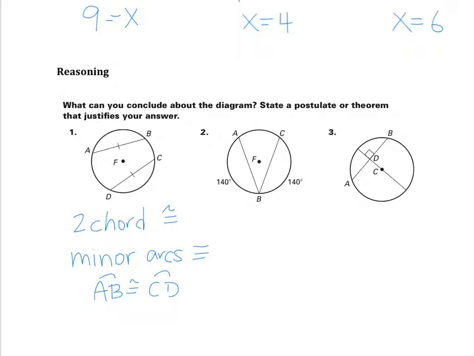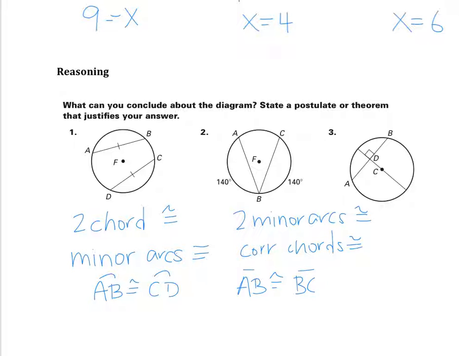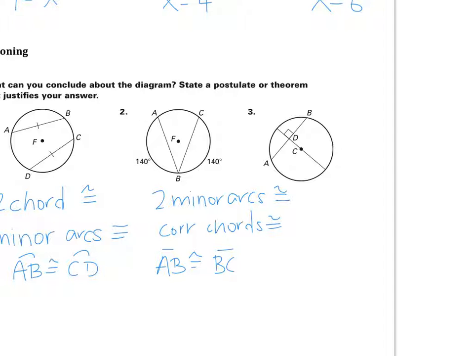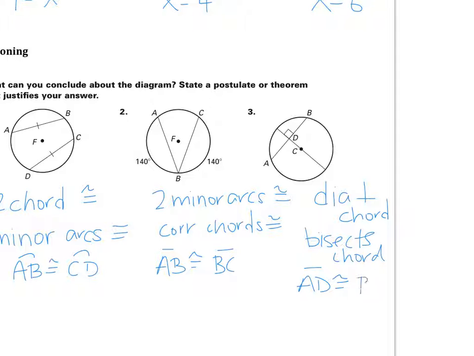In the second one, we have two minor arcs congruent, so corresponding chords are congruent, so segment AB congruent to BC. And the last one, you have a diameter perpendicular to a chord, bisects the chord, so AD will be congruent to BD.